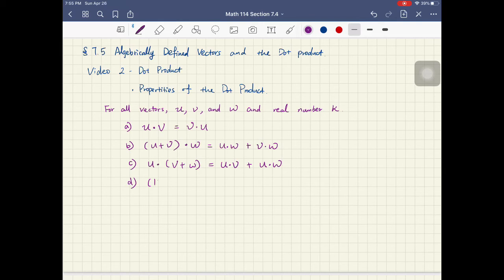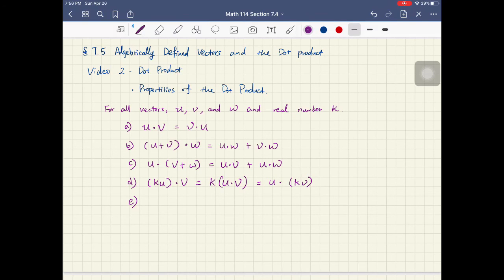If I have a number k multiplied by a vector u, and then dot it with a vector v, it's the same as finding the dot product between the vectors u and v, and then multiplying the whole thing by k. Or I can go even further and find the scalar multiplication between k and the vector v first, and then dot it with the vector u.